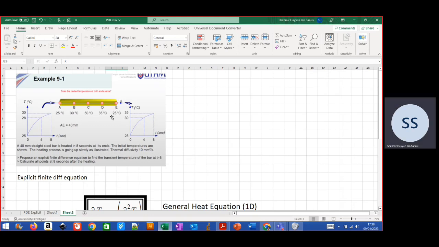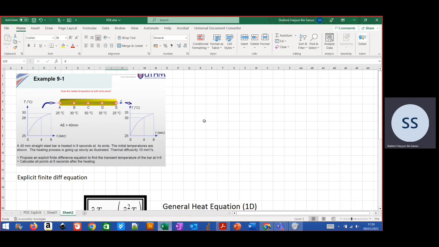So since from here to here is 40, if this is 0, this will be 10, 20, 30, and 40. So you know that the distance from A to B is 10, B to C is 10, C to D is 10, and D to E is 10.